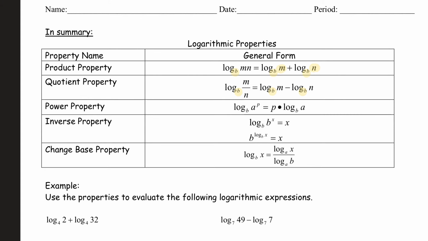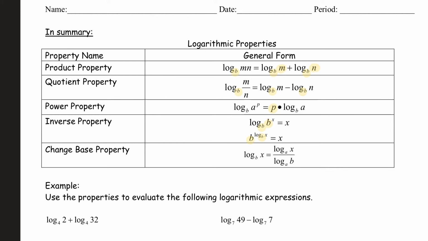The power property states that if you have a power in the logarithm, you can set it as a product, and vice versa. The inverse property: if you have a base that's raised to a logarithm with the same base, it's going to be whatever that value x is.